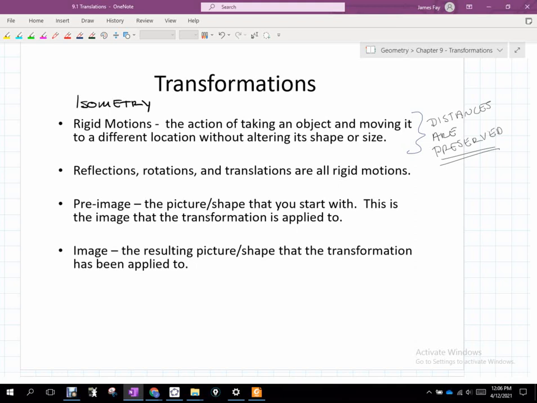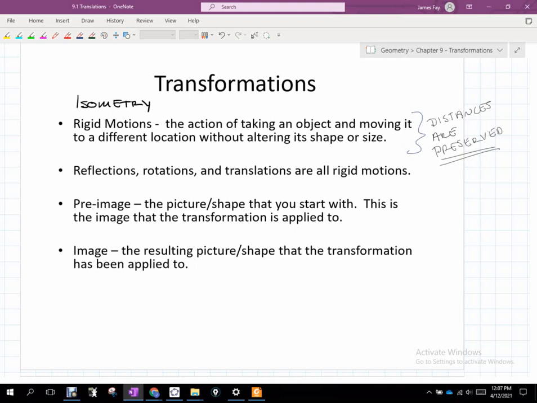So I don't want to say that congruency is the same as isometry, and isometry is the same as congruency. And isometry has the idea, the concept that we've moved a shape to a final position in the coordinate plane. And when that shape has moved to its final position, it is still congruent to the original shape in its original position.